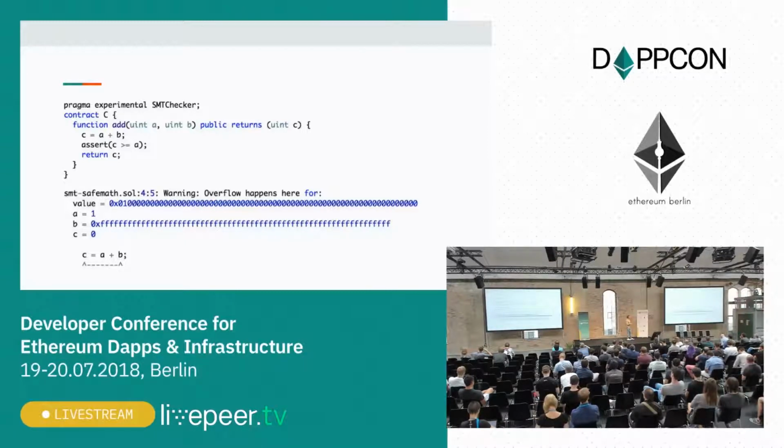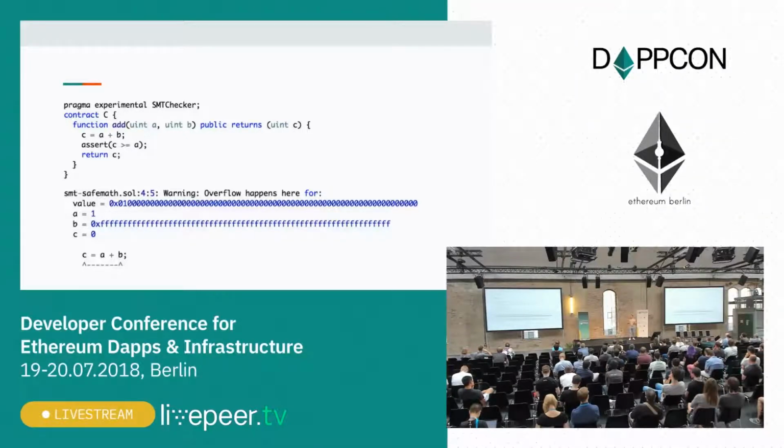And if you count all the zeros, you're going to see that this is bigger than 256 bits. And the value we got here is 257 bits long, and the top bit is set. But since the EVM only works in 256 bits, it's going to truncate all these values. So we're only going to have all these zeros, and as a result, C is going to be 0.